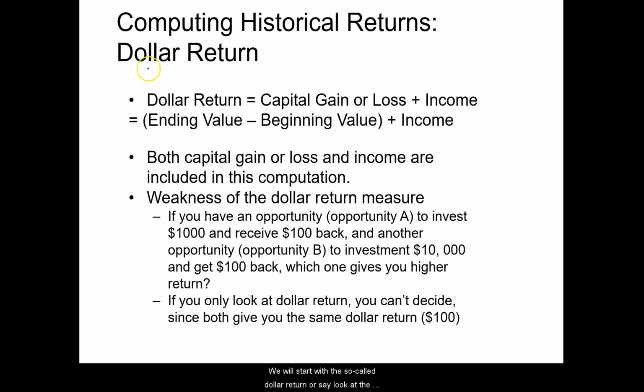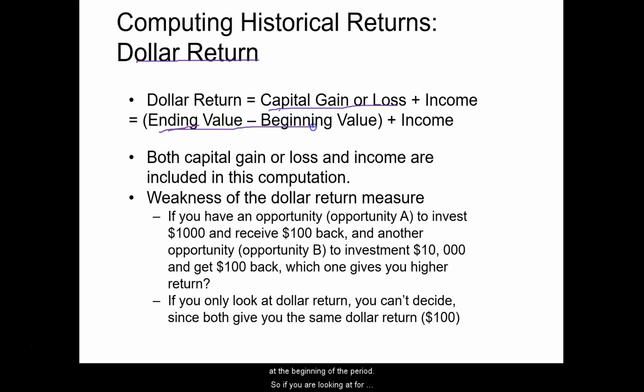We'll start with the so-called dollar return, or say, look at the return based on how many dollars that we have made from investments. So we are looking at the so-called capital gain or loss, which is how much is the value of this investment at the end of the period, minus how much was the value of the same investment at the beginning of the period.